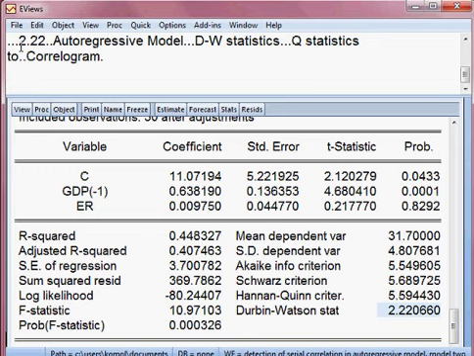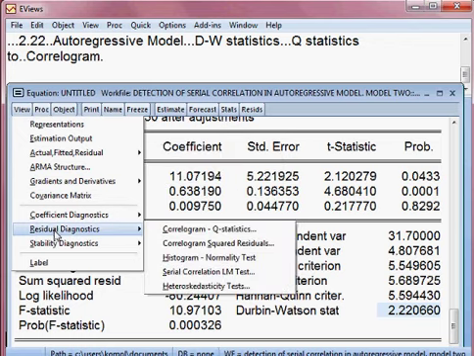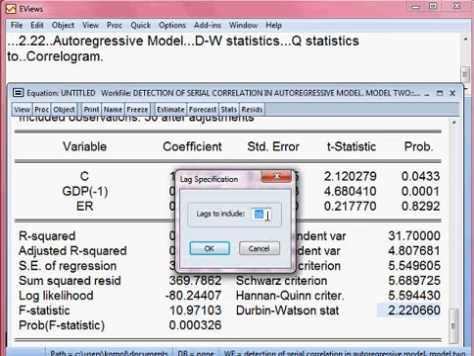So I go to View to check the correlogram, then to Residual Diagnostics, then Correlogram Q-statistics. What is the guideline? Normally we take one third of the sample size as the lag.